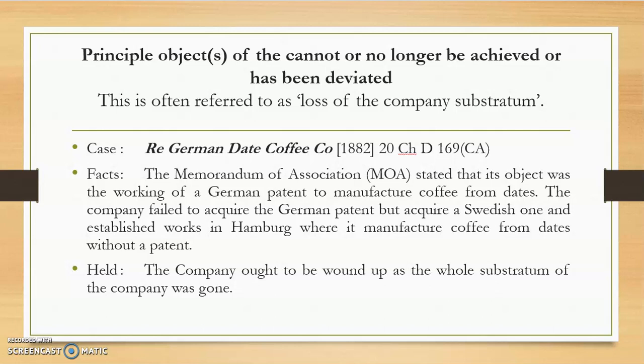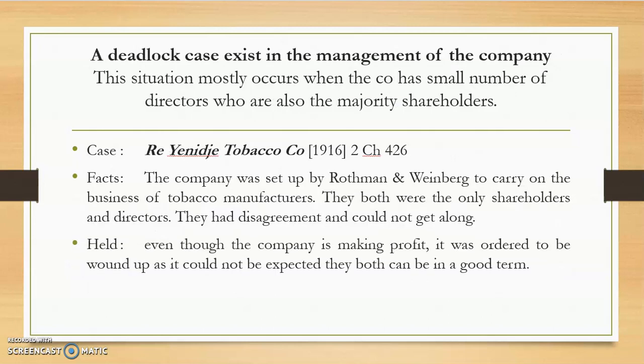Okay. Now the next example is when a deadlock exists in the management of a company. This situation mostly occurs when the company has a small number of directors, with equal or majority directors. Look at this case, Yenidje Tobacco Company. The company was set up by Rothman and Weinberg to carry on the business of tobacco manufacturers.